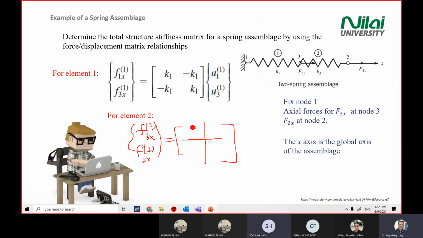What is the alphabet you should write here? K2, minus K2, minus K2 and K2. Correct.